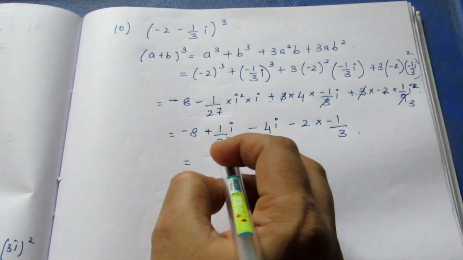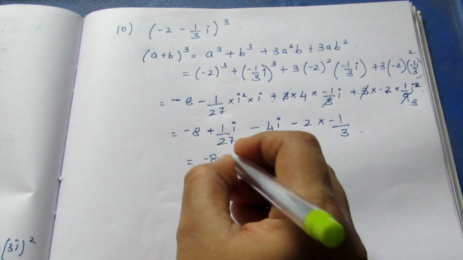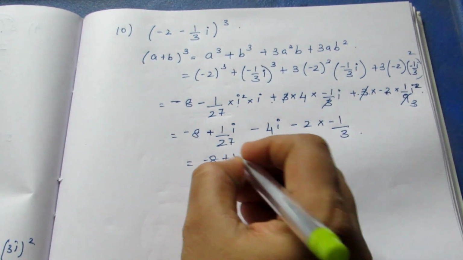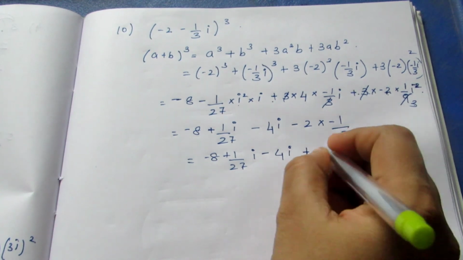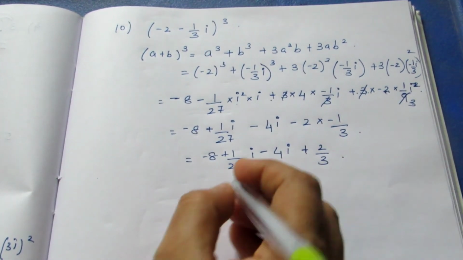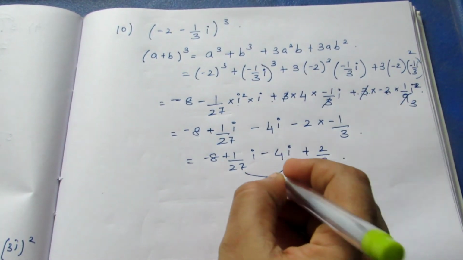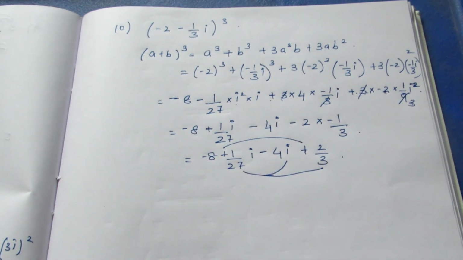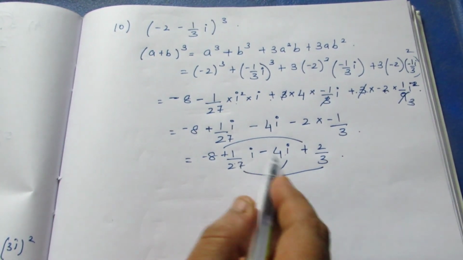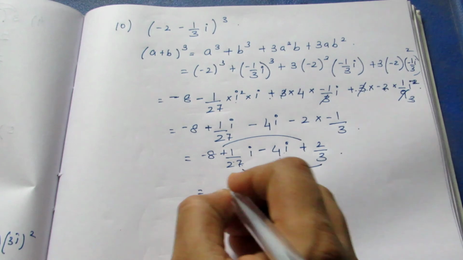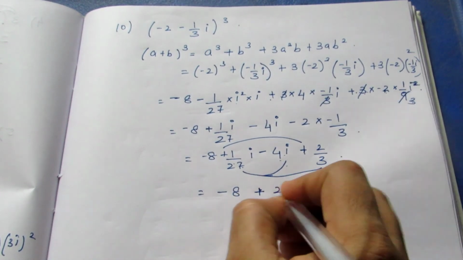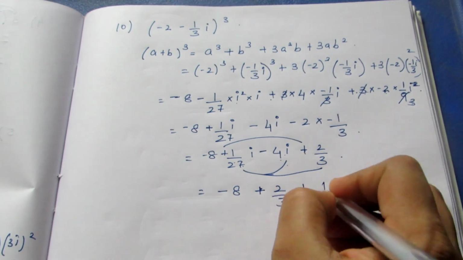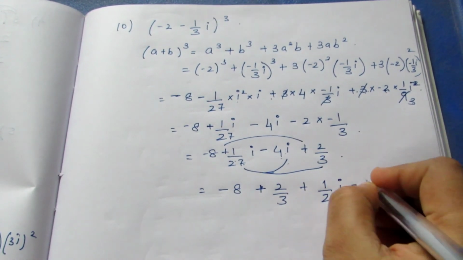Now solve the like terms. Before that, I'll write it and then I will solve it. Minus 4i. This becomes plus 2/3. Now these are the like terms. The first and last is the like term, and these are the like terms. We need to solve it. So minus 8 plus 2/3 plus 1/27 i minus 4i.